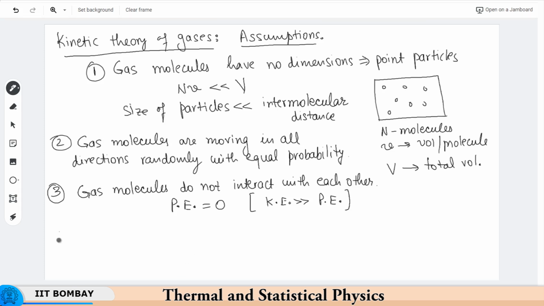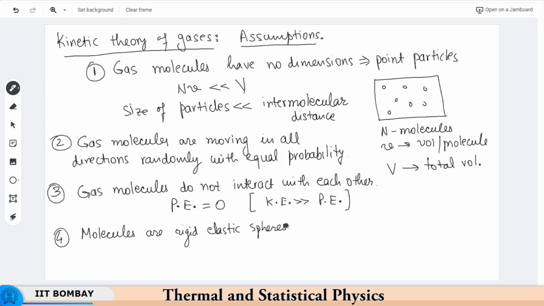And the fourth assumption is that the gas molecules are rigid elastic spheres. In coming sections, we will not consider molecules which are oddly shaped.